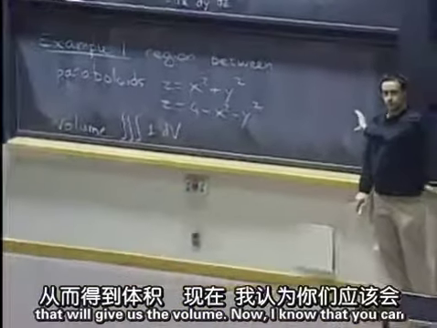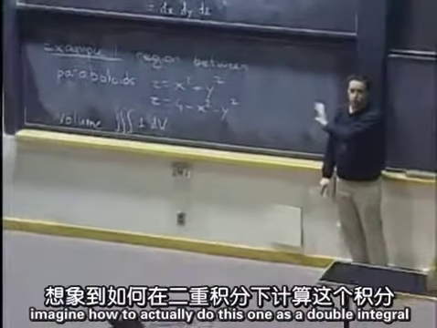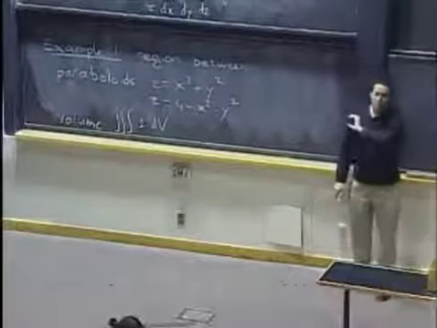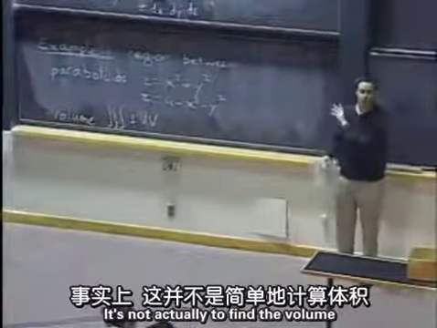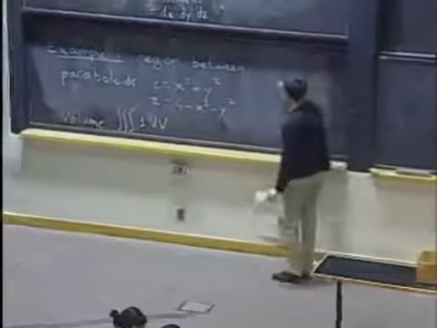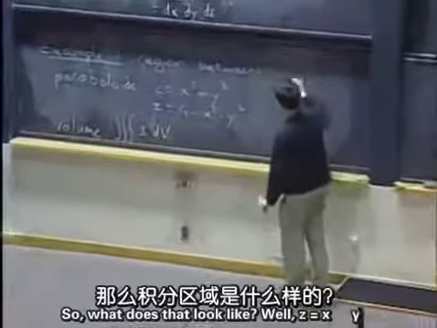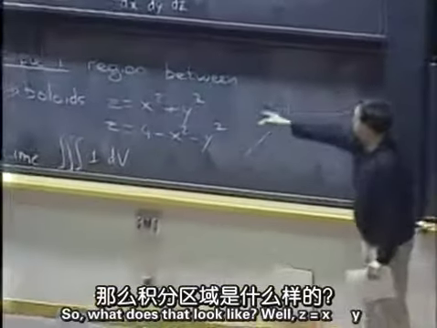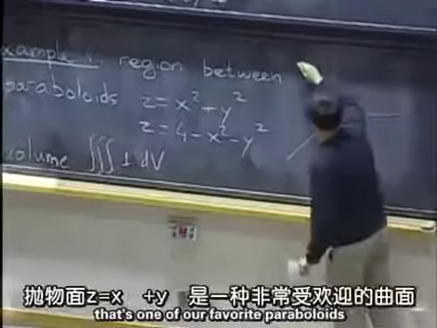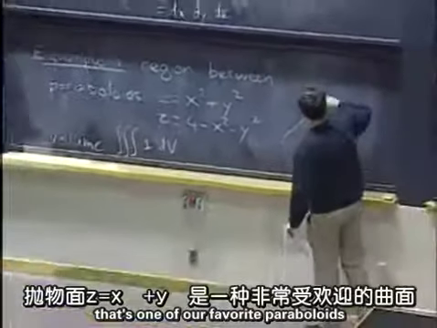Now, I know that you can imagine how to actually do this one as a double integral. But the goal of the game is to set up the triple integral. It's not to actually find the volume. So what does that look like? Well, z equals x squared plus y squared. That's one of our favorite paraboloids.